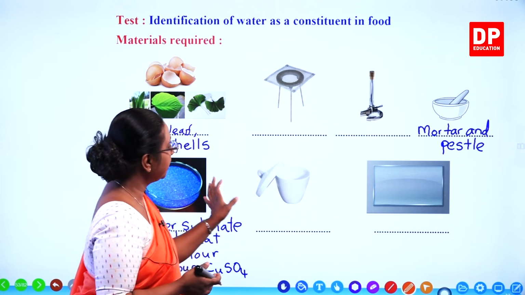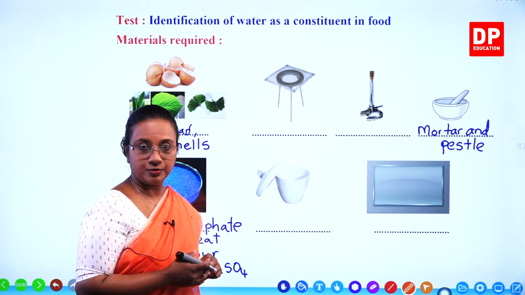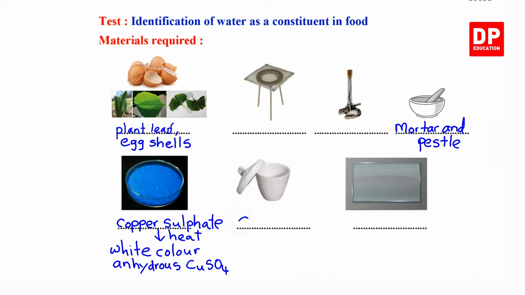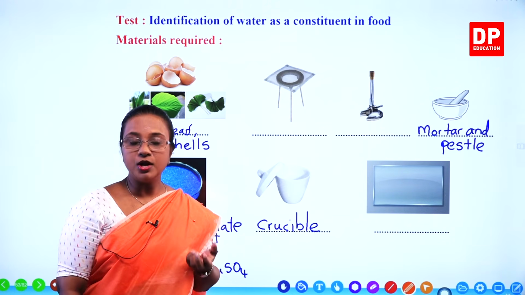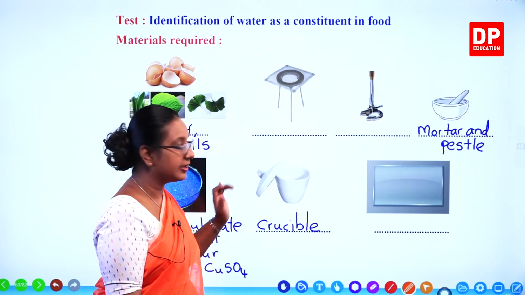Then we will be using this particular equipment. This is called a crucible. The crucible is a small porcelain container with a lid.